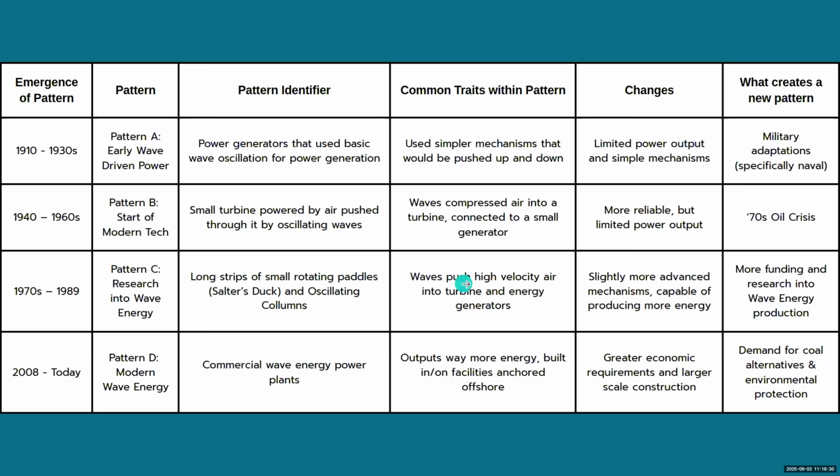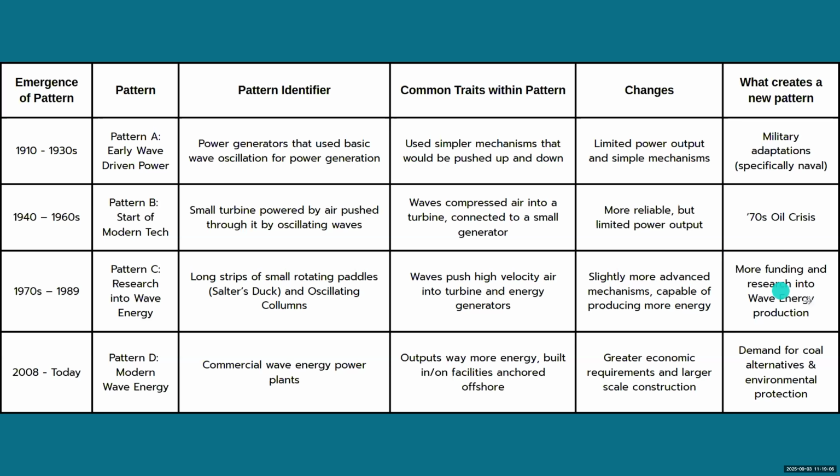Common traits for this one are still the fact that waves push air through the turbine, except this time the generators inside are a lot more powerful. And we also have the addition of the new design of Salter's Duck, which is now rotating paddles instead of a wind-powered generator. So this is slightly more advanced. It's capable of producing a bit more energy and is, in some cases, a bit cheaper.